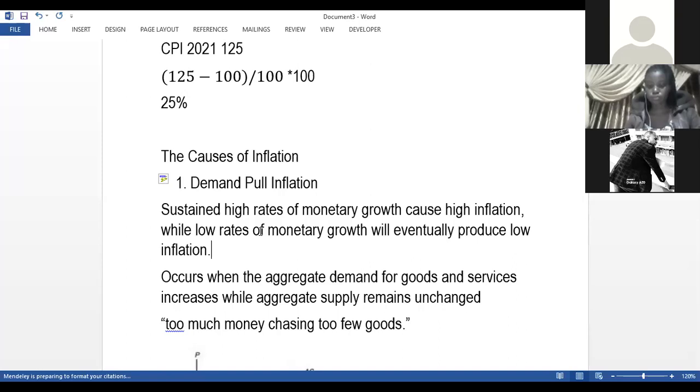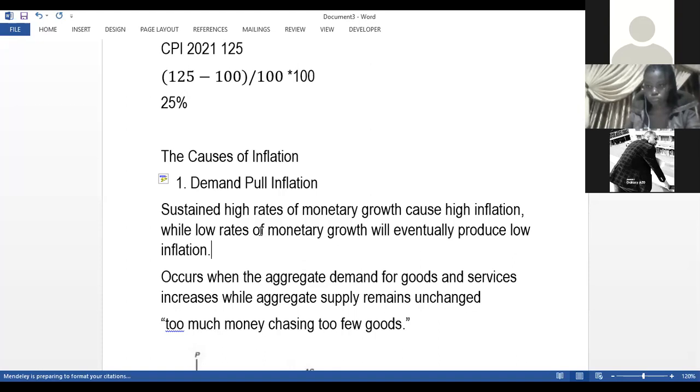All right, so if you did your microeconomics, I'm sure you understand the concept of demand and supply. If you did not do it, or if you're still doing it, you will understand the concept of demand and supply later on, and how it is used in coming up with the price level within a market.